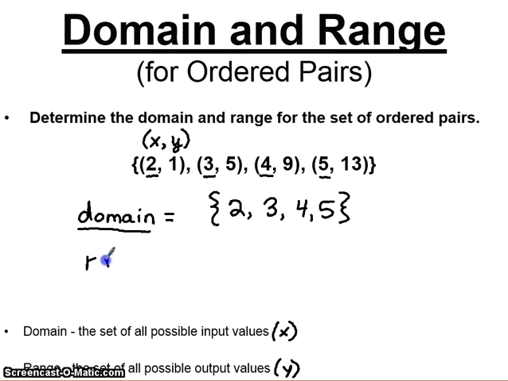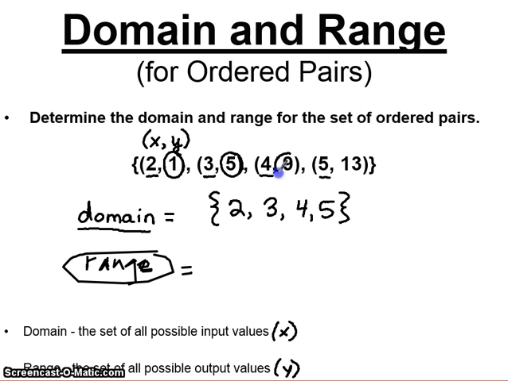The range, as we know, is all the output values. If we look at an ordered pair, we know that the output values are represented by the y values, which are the second part of each ordered pair.